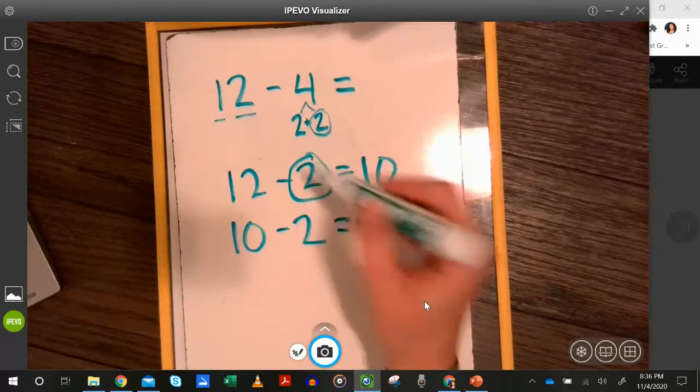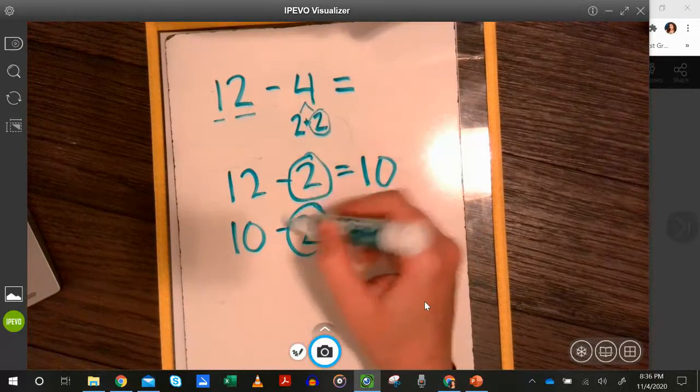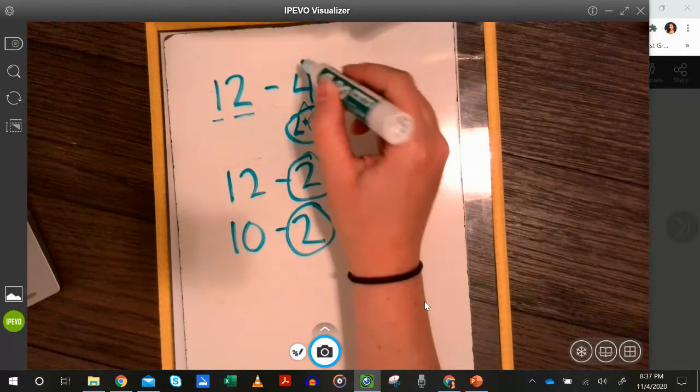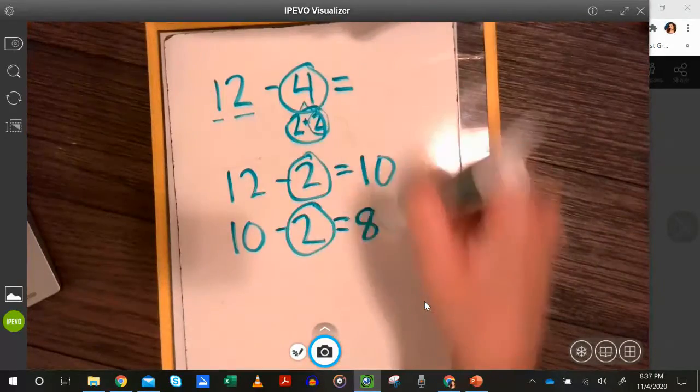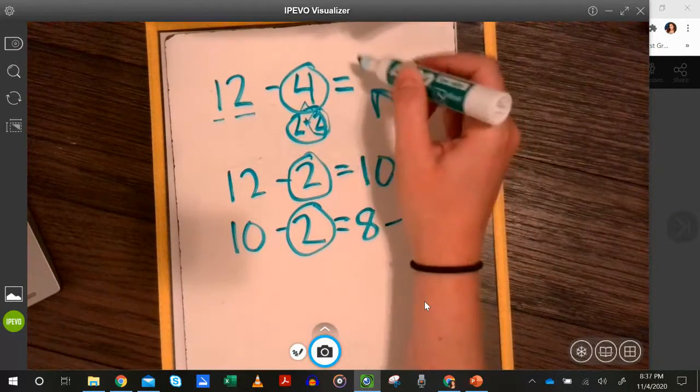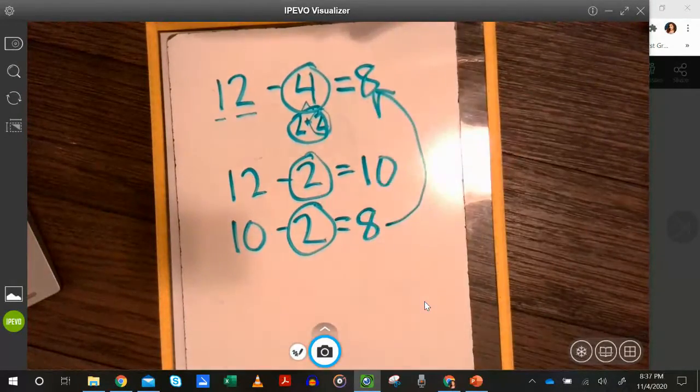So we took away 2, we took away 2 more, altogether we took away 4. 12 minus 4 leaves us with 8.